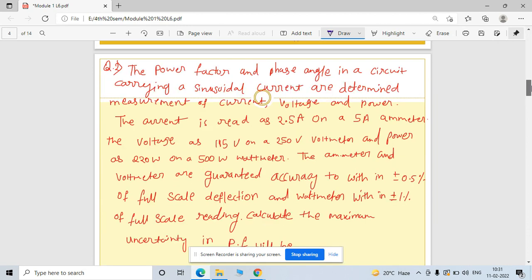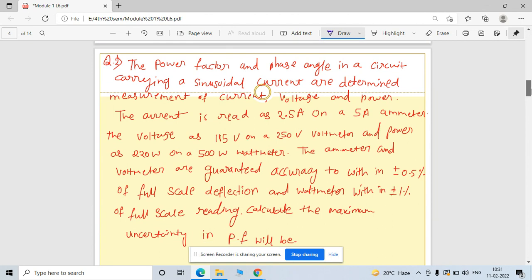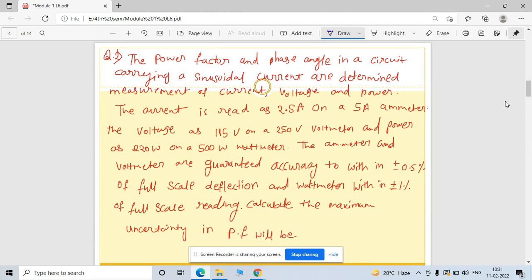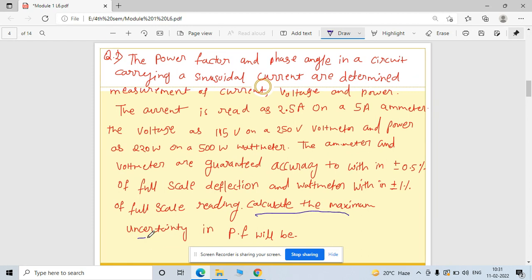Okay, now the second question. This is the second question. Please note that question and try to give the answer. Here you need to calculate the maximum uncertainty present in the power factor. So please read out this question. What is the basic formula of power? Power is nothing but your VI cos phi.